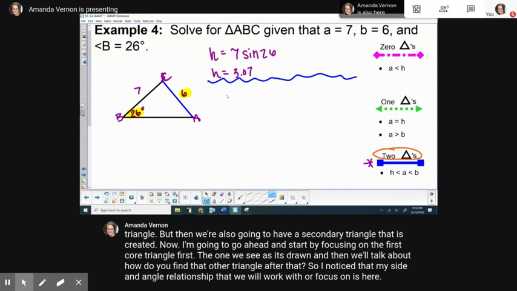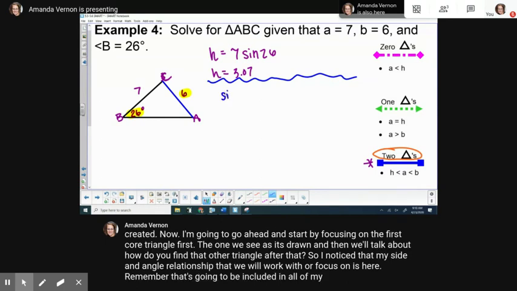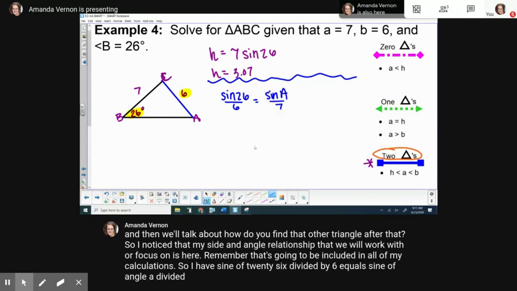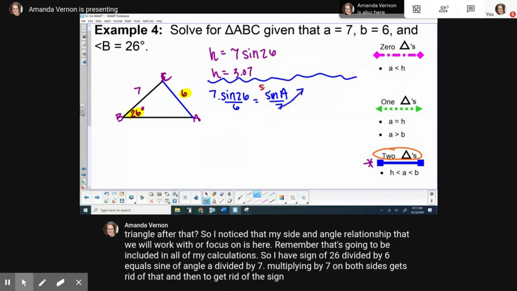Remember, that's going to be included in all of my calculations. So I have sine of 26 divided by 6 equals sine of angle A divided by 7. Multiplying by 7 on both sides gets rid of that. And then to get rid of the sine, we use sine inverse.